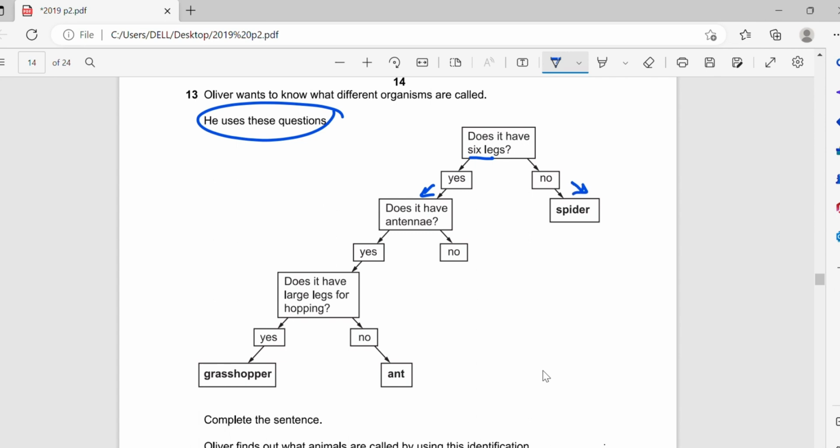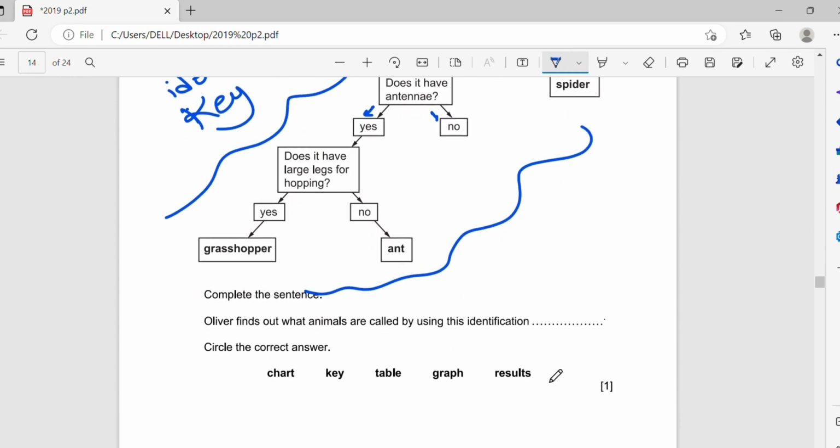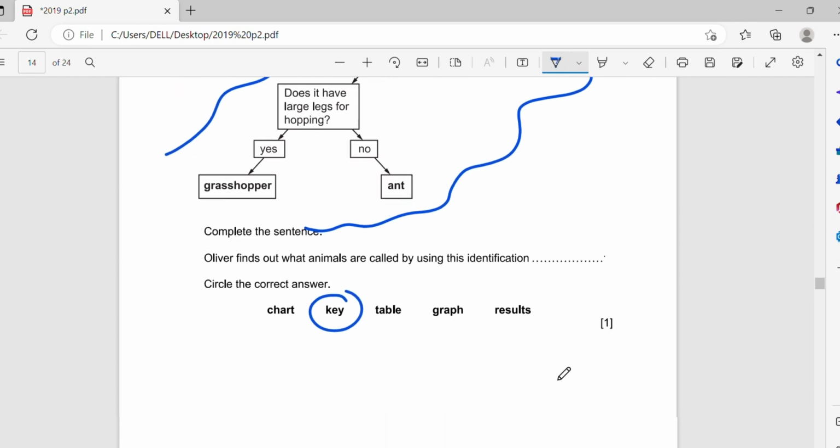Does it have antenna? يبقى yes. هنا no. يبقى ده اسمه ايه؟ ده اسمه الكي. Identification key. Okay. The question is, Oliver finds out what animals are called by using this identification. What? Choose from these. Great. Key.